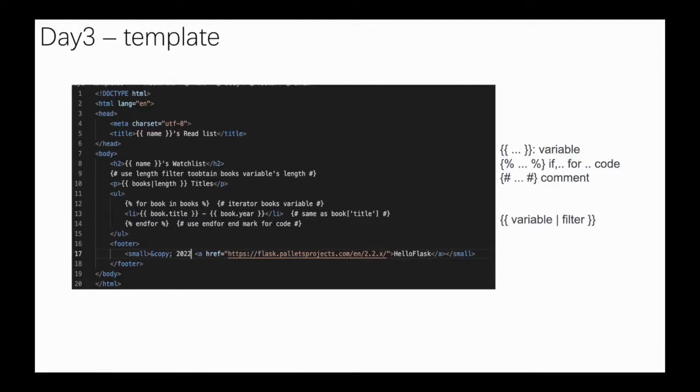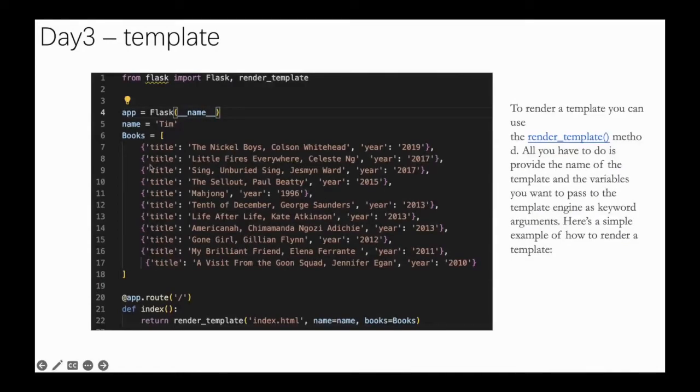These variables are passed from our Python code. This is the Python code for today's website. This is the name, for example, the name variable Tim. My name is Tim.